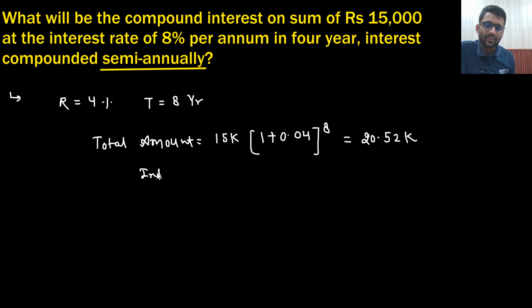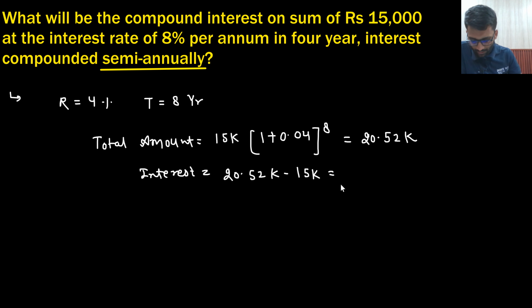So what will be the interest? Interest will be just 20.52k minus 15k. We can get more exact data from the calculator. That would be 5.5k, so it would be 5,528.53 rupees if you solved it completely.